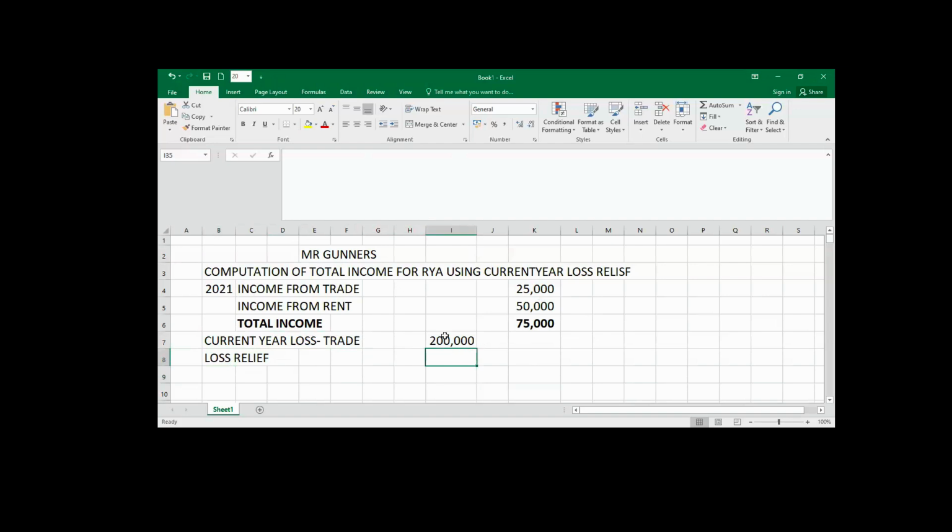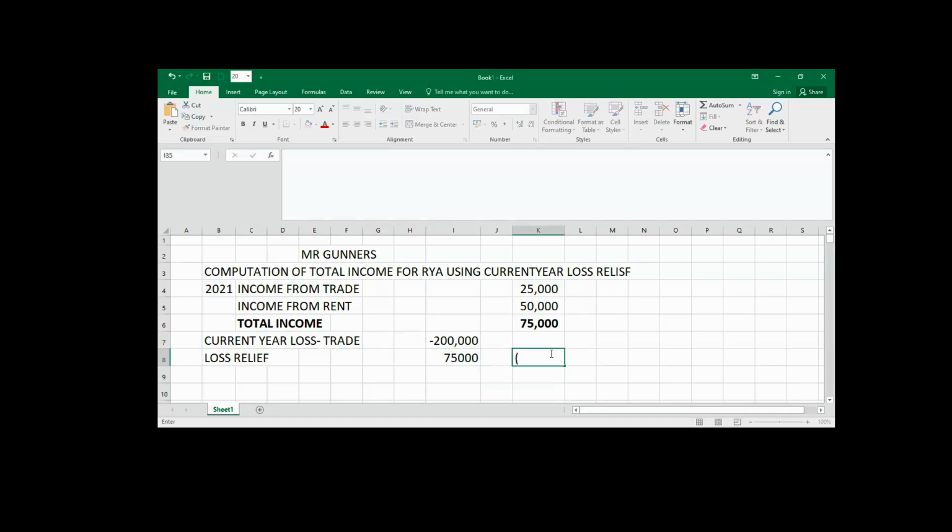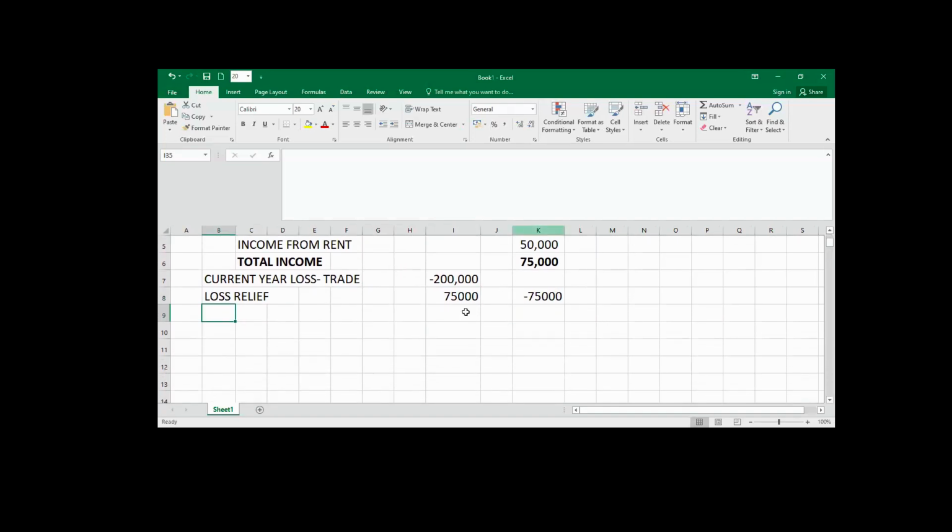So loss relief now, this will be in brackets, it's a loss of 200,000. Loss relief now will give us 75,000. It's going to remove the 75,000 from that, and also remove the 75,000 naira from this. But the amount you want to relieve is 200,000. You can only relieve 75,000.